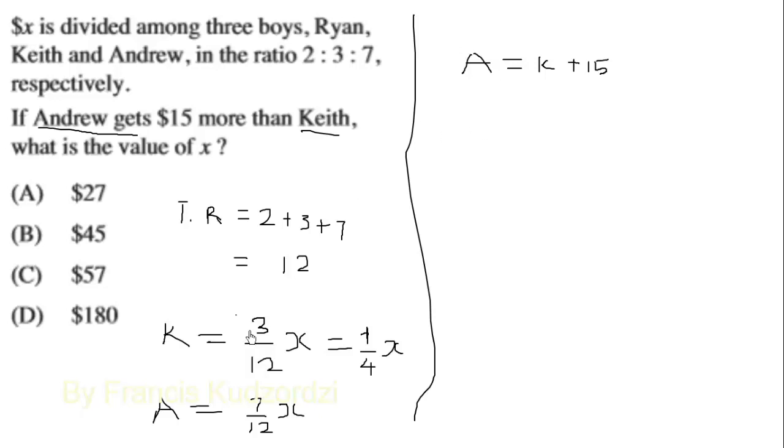So Andrew's share is 7 over 12x, and it is equal to Kate's share, which is 1 over 4x plus 15.